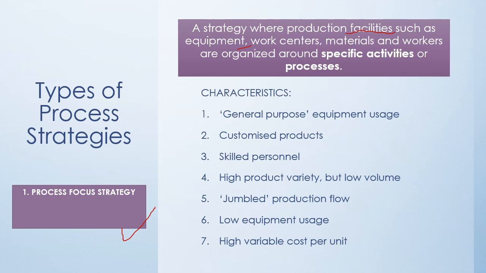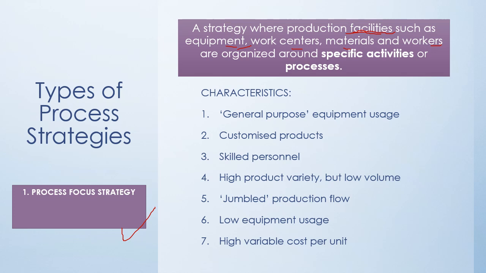So what is meant by facilities? Okay, production facilities. So facilities here include equipment, work centers, materials, and workers. There are actually more than this, but to make it easier to understand, you just take facilities as equipment, work centers, materials, and workers.